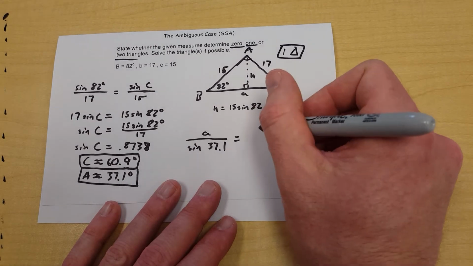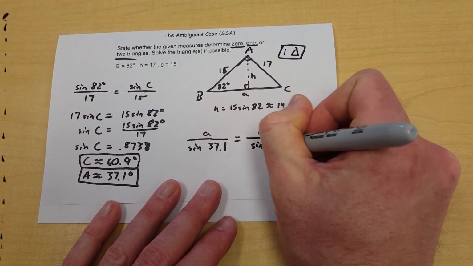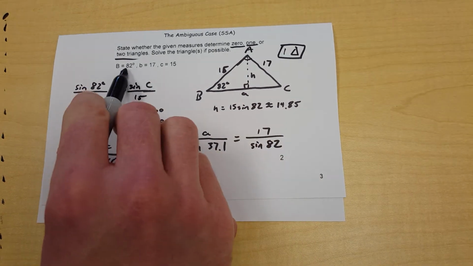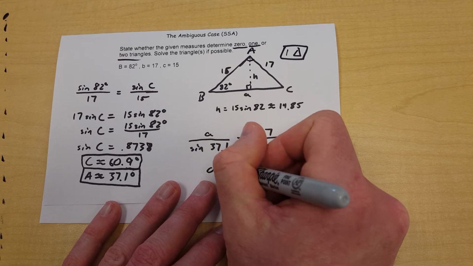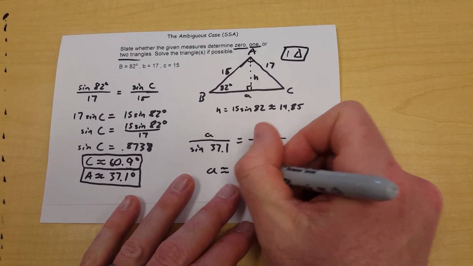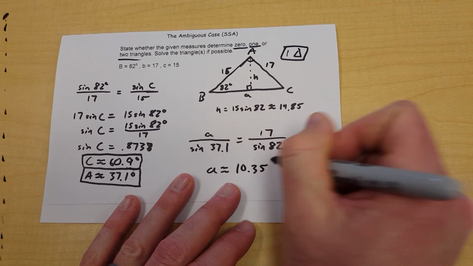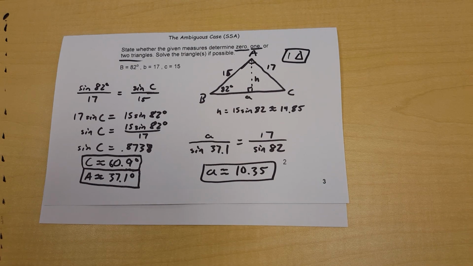I'm going to flip it again, so I'm going to put 17 over sine of 82 because that is big B, little b. Now I can cross multiply and solve. Again, I'm going to hide the algebra in this case, but little a is going to be about 10.35, and that's my last missing piece for this example.